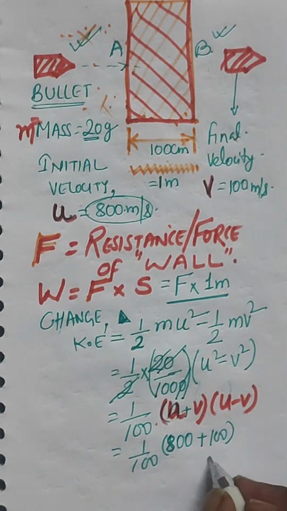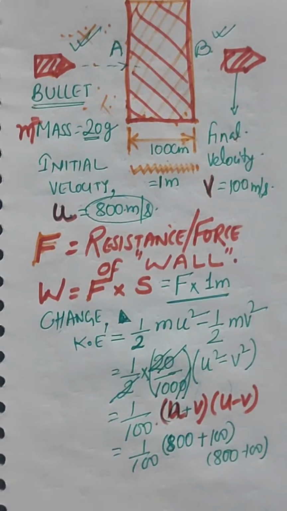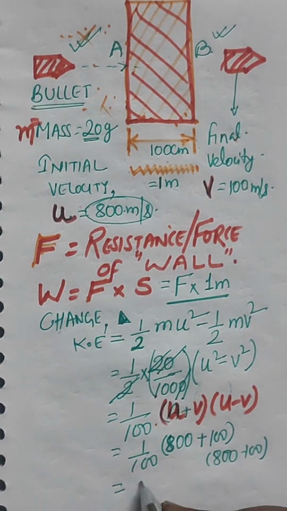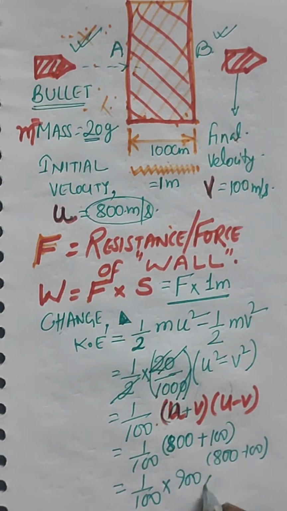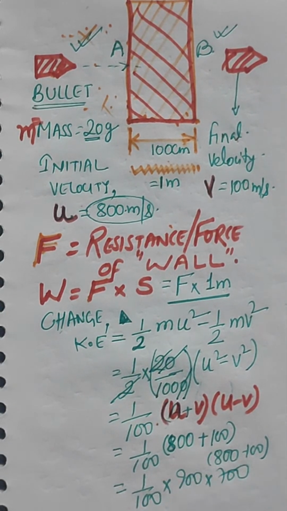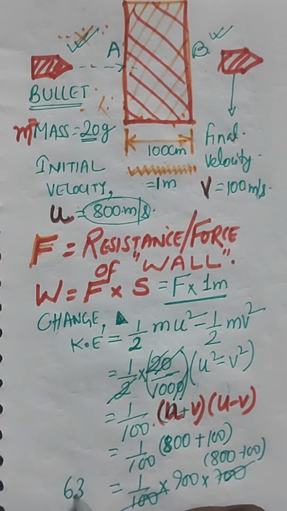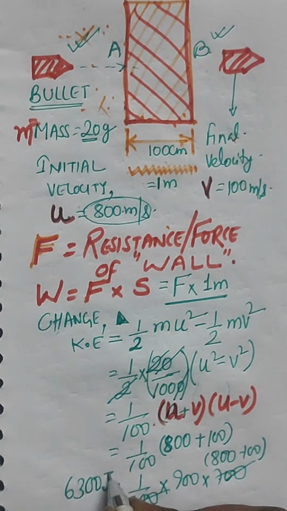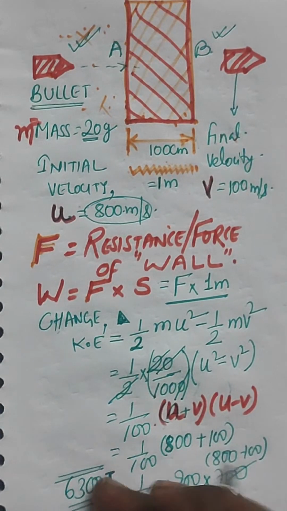Then u minus v, that is 800 minus 100. So this will give you 1 by 100 into 900 into 700. You can see the double zero will cancel, and 9 into 7 is 6300. So 6300 joule of kinetic energy change is observed, right?